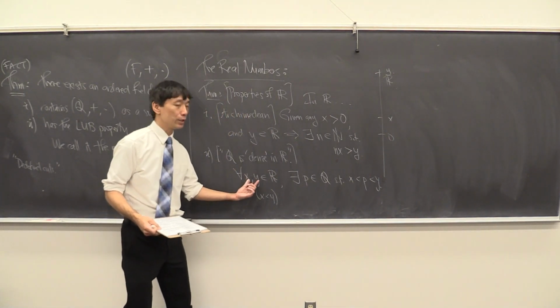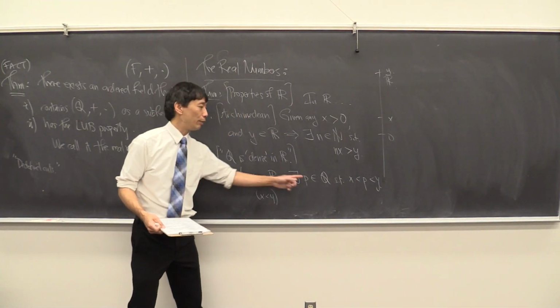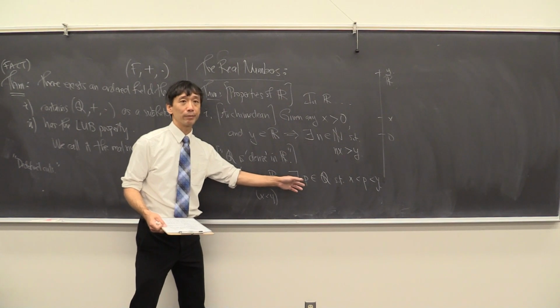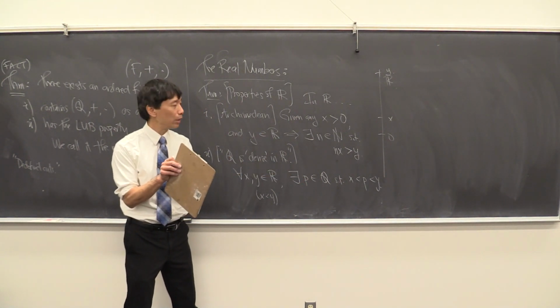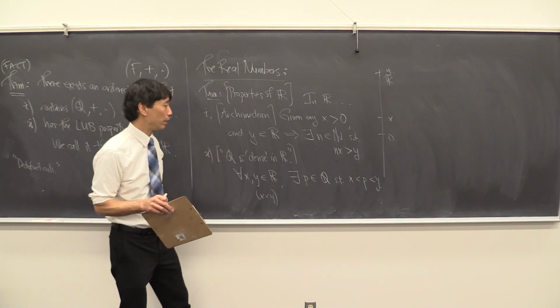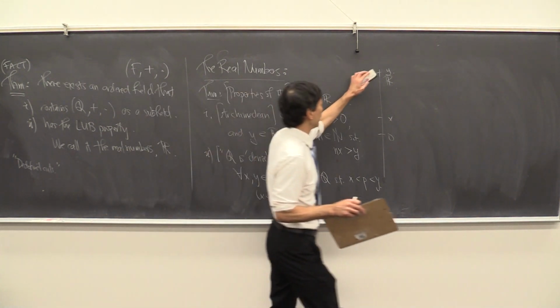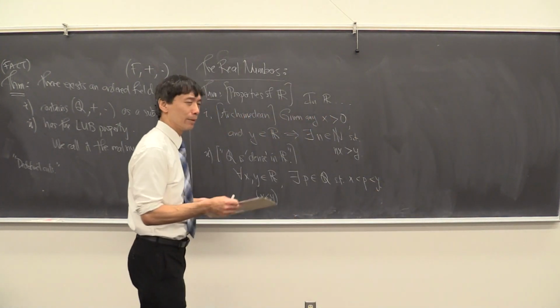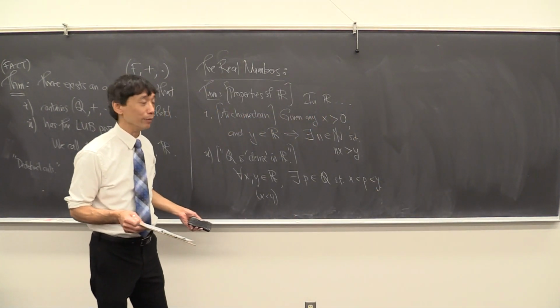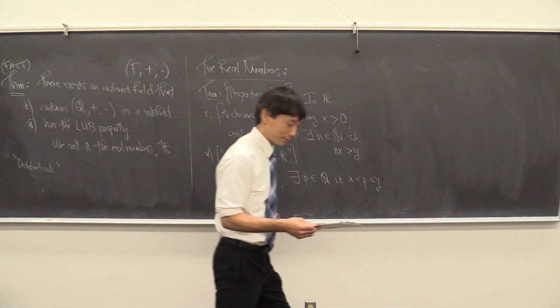So given any two real numbers, you can always find a rational number between them. No matter how tight together the real numbers are, you're always guaranteed a rational number between them. And this is the one that Bong was talking about earlier, which gives a kind of cryptic proof, but it'll make sense.